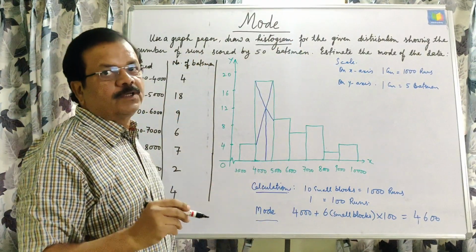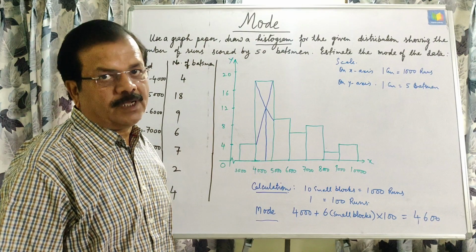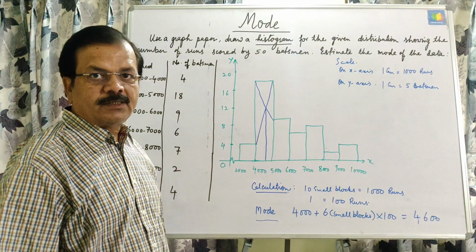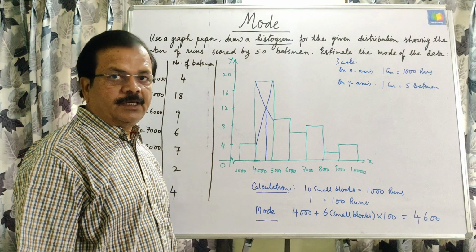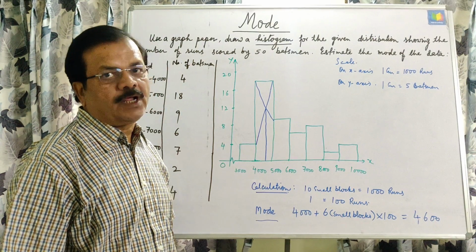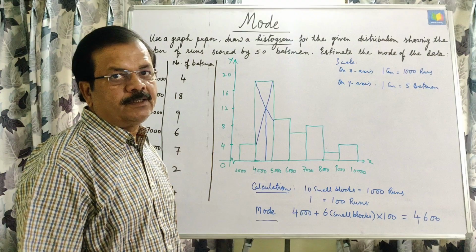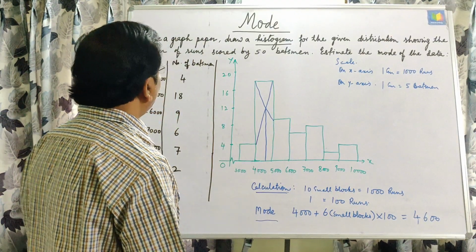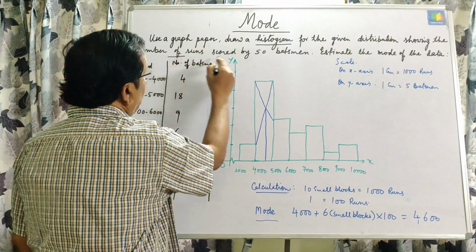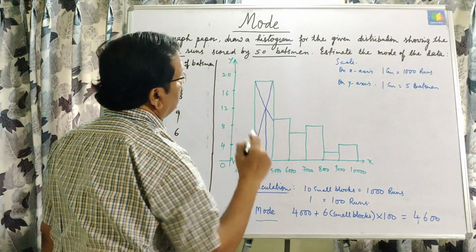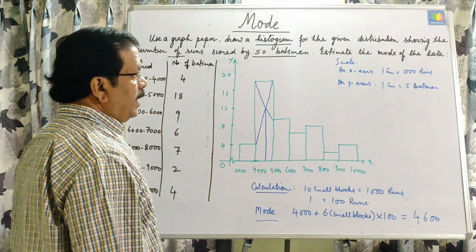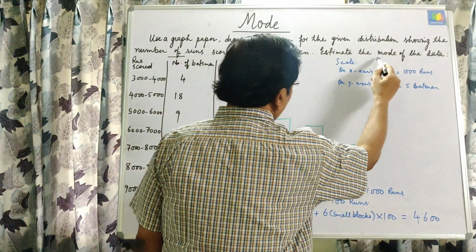The first part of the question is draw a histogram. It means if the question is of 4 marks, 2 marks will be given on only the histogram, and this is a very important part. Okay, for the given distribution showing the number of runs scored by 50 batsmen, estimate the mode of the data, and then we have to find out the mode.